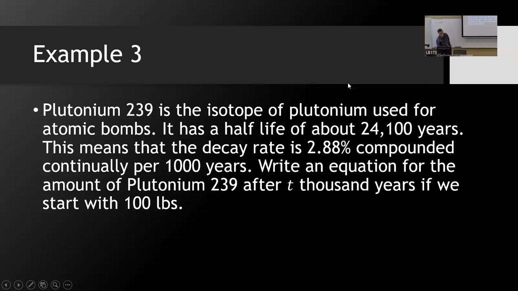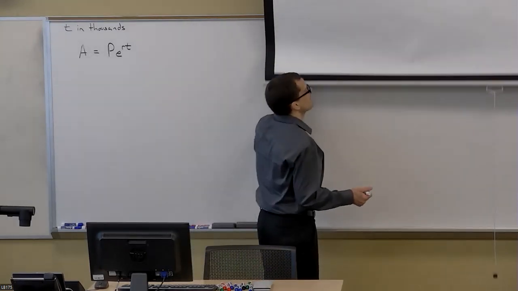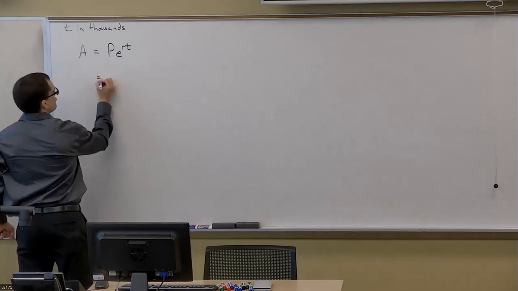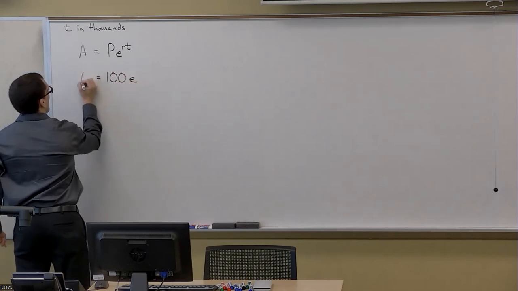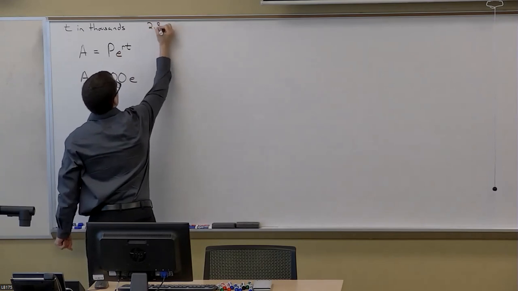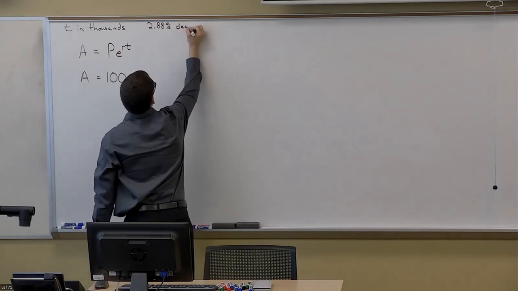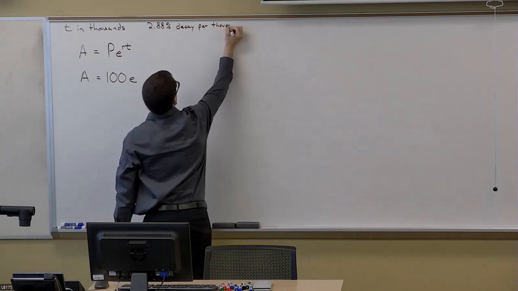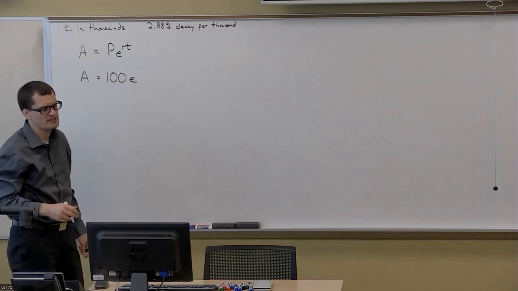And we're going to start with 100 pounds. If you start with 100 pounds, that means your P is going to be 100. And then the rate is 2.88% of decay per 1,000 years. And it says make sure the T is in thousands.